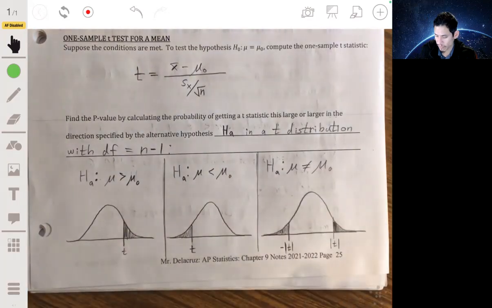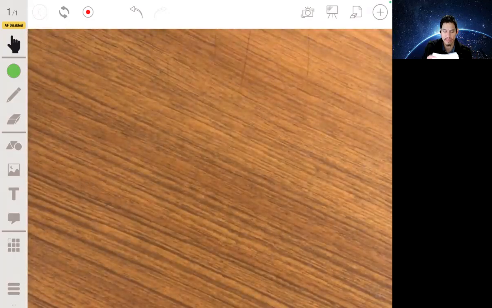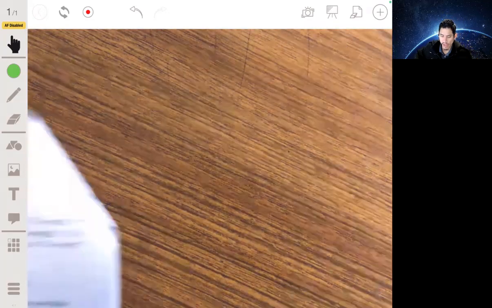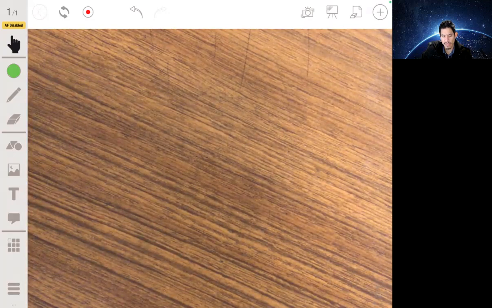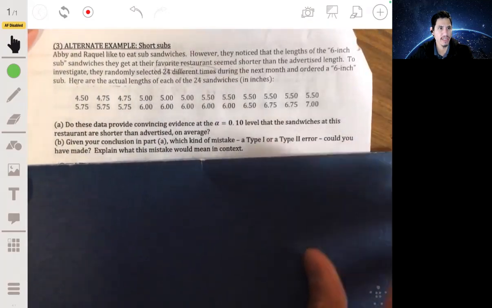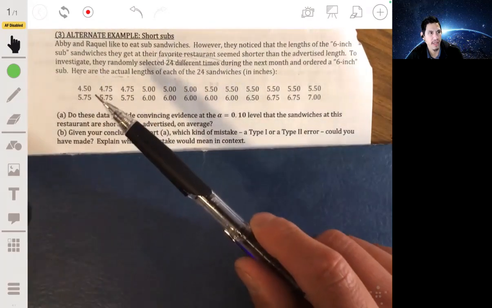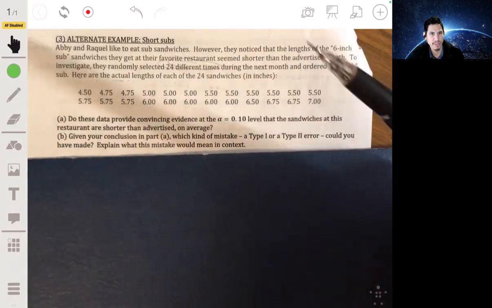Now, of course, the best way to get good at this stuff is to go through practice problems. So that's what I'm going to do. I'm going to go through it and explain step by step how we conduct this and how all that applies. Here we're going to look at an example. We have two students, Abby and Raquel, who like to eat sub sandwiches.